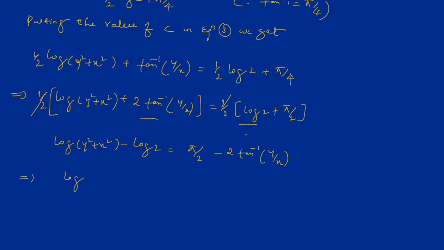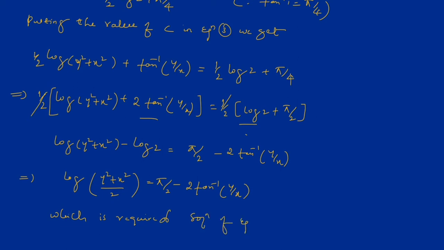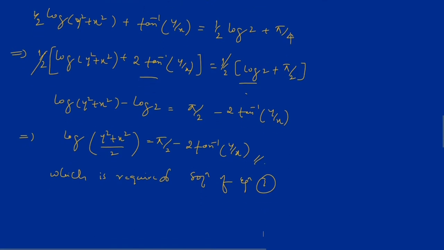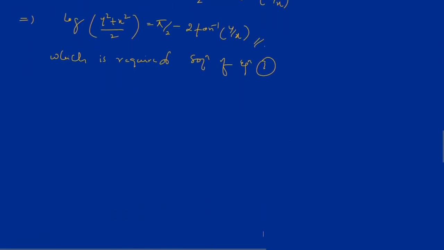Log m by n is nothing but y square plus x square upon 2, which is equal to pi by 2 minus 2 tan inverse y by x, which is the required solution of equation 1, right? So next example is example 2.